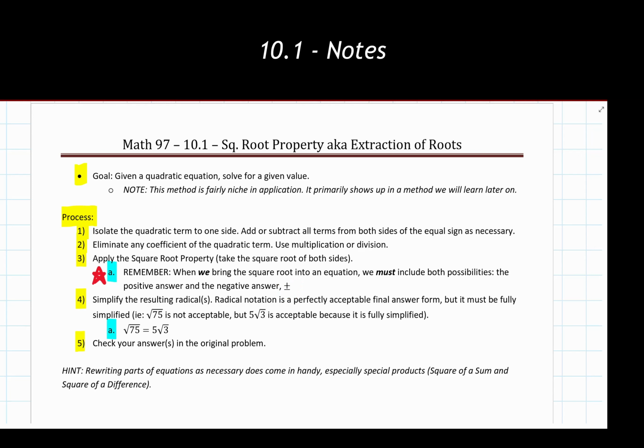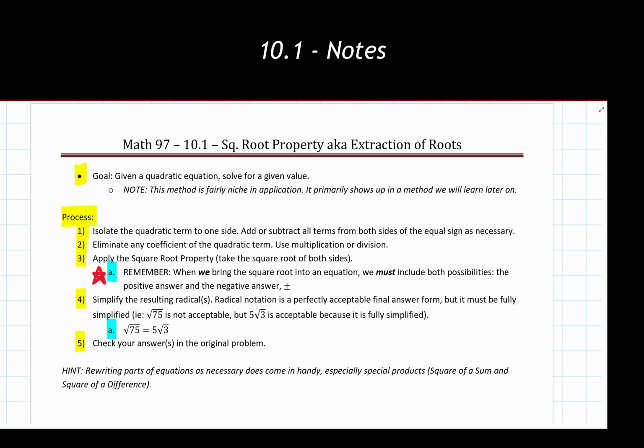We will get to how to work with that in the next step, but because we bring the square root in, we have to have plus or minus. It's a non-negotiable thing that we need to have showing up in these problems. When we get to story problems later on, if you forget to do that, it can cost you points and give you a lot of errors.